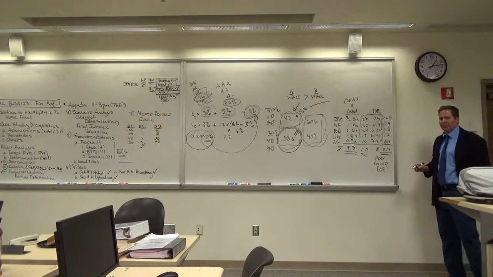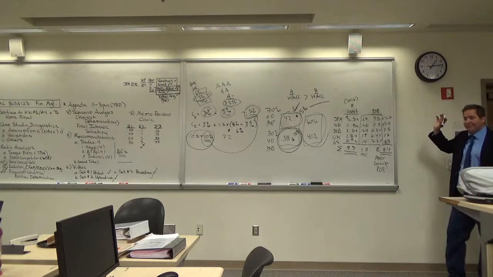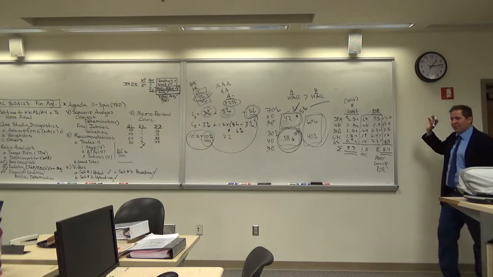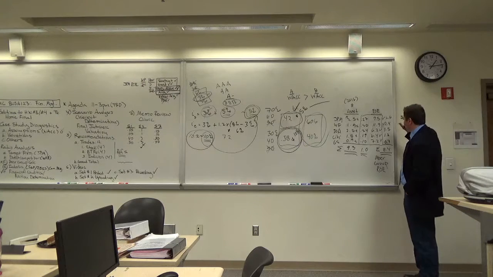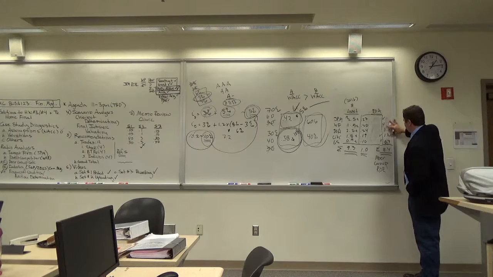So there's your peer group ROE. Now you want to do ROA, so you can check it and make sure you're doing it right. The weights don't change. Okay, go ahead.